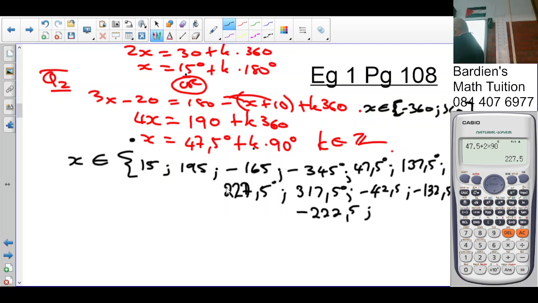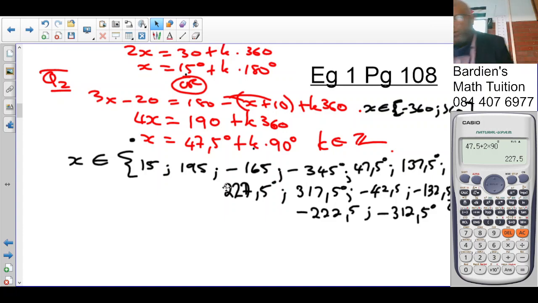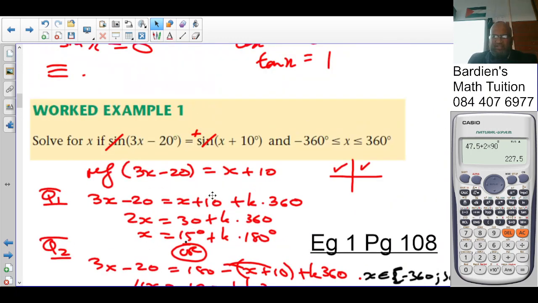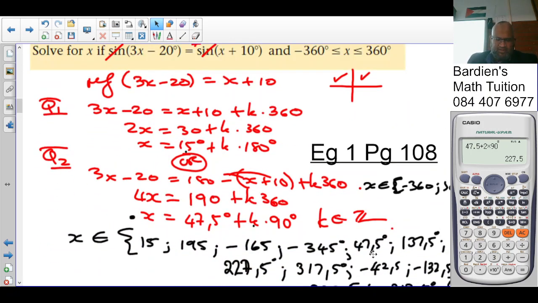Next. Then the next one will definitely be outside. Okay, you all agree with that? So there's quite a few solutions that they wanted us to get there. But why so many? Okay, you all okay with that?